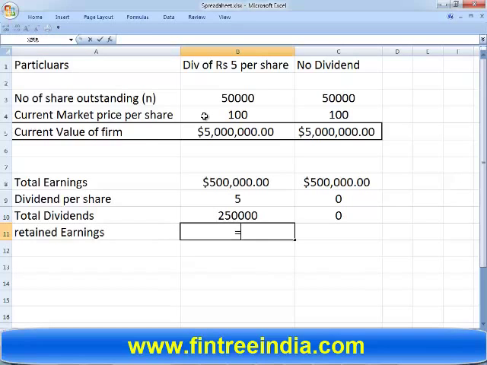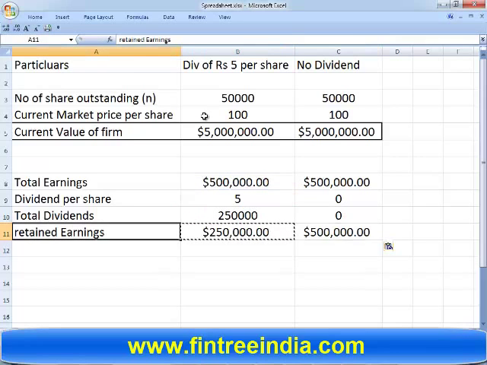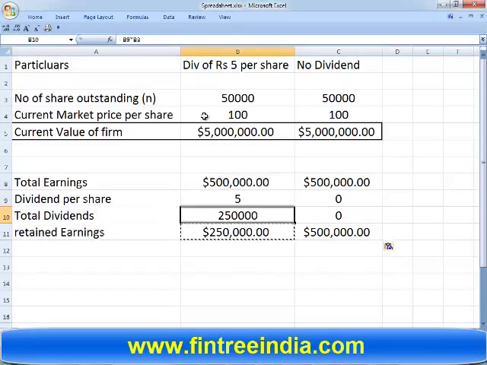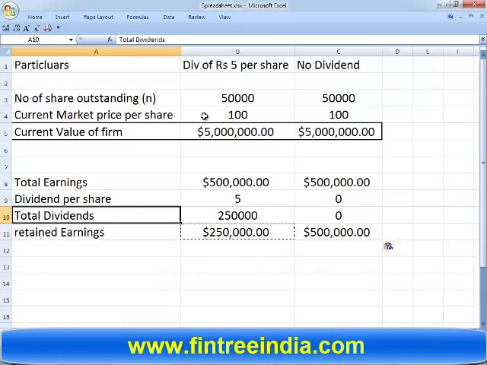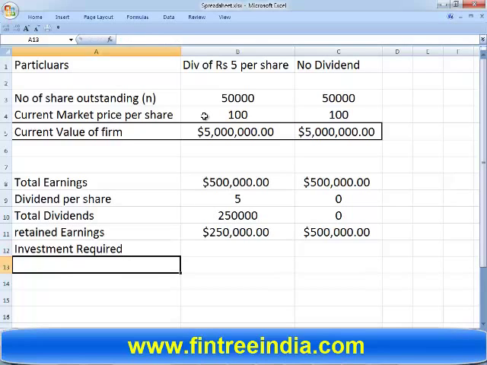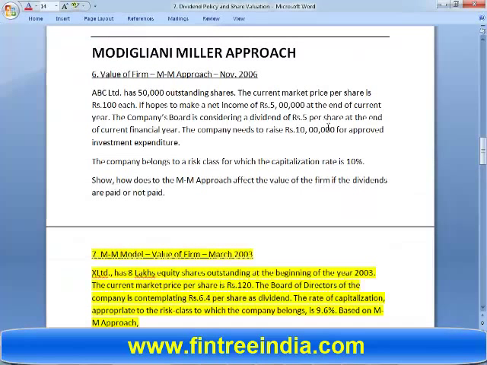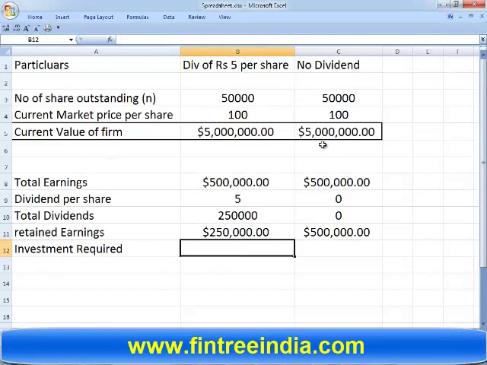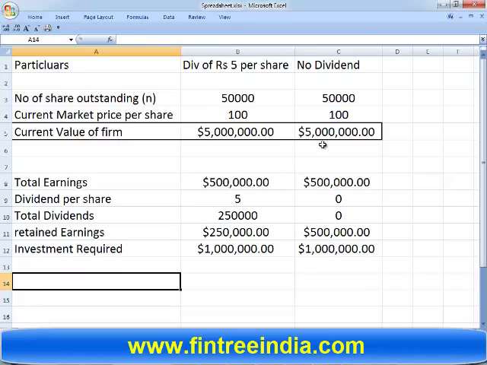Retained earnings would be 5 lakh minus 2,50,000, and in the second case this is 5 lakhs. Is it making sense, Kulbhushan? Once you have retained earnings, then investment required: we have an expected investment of 10 lakhs in both the cases.